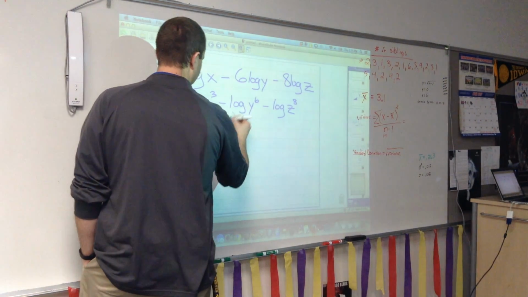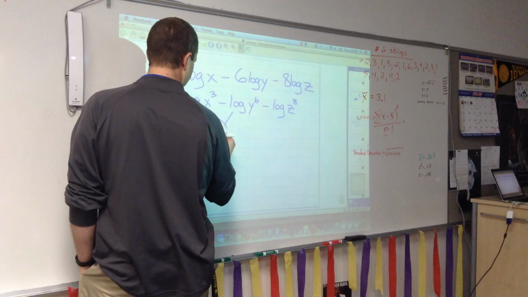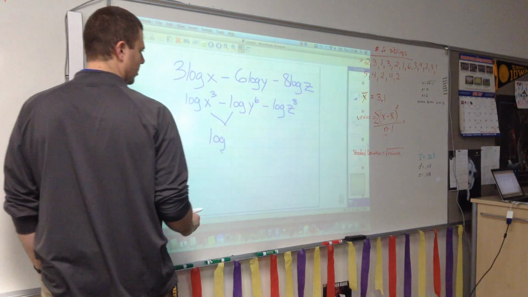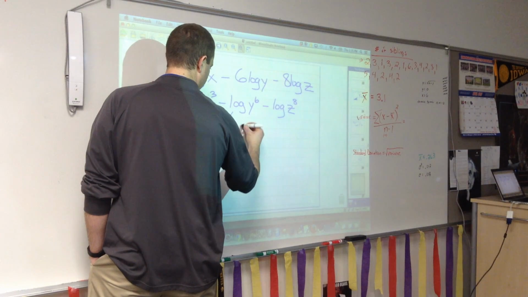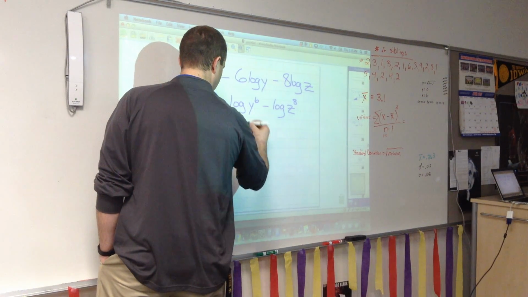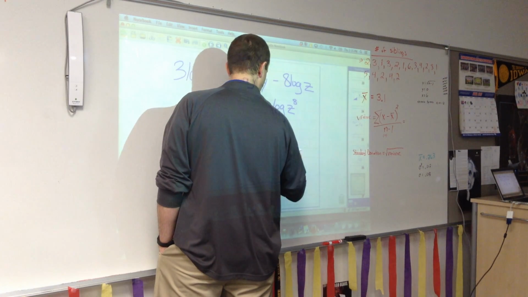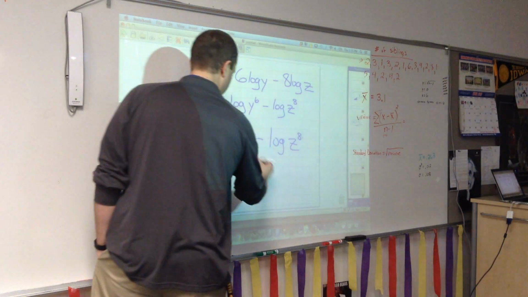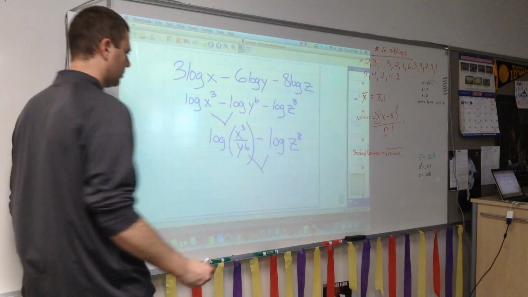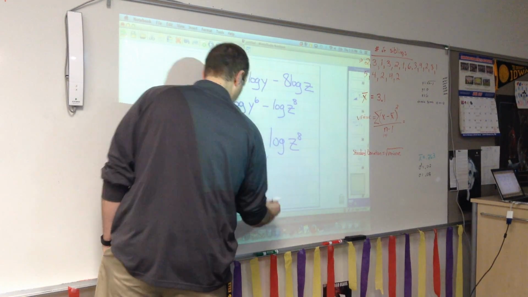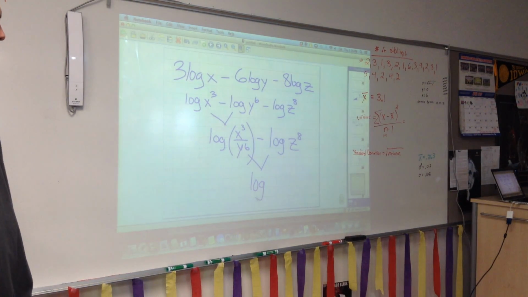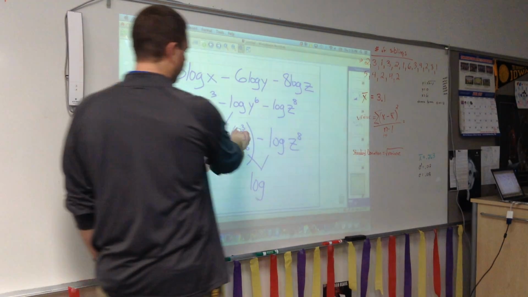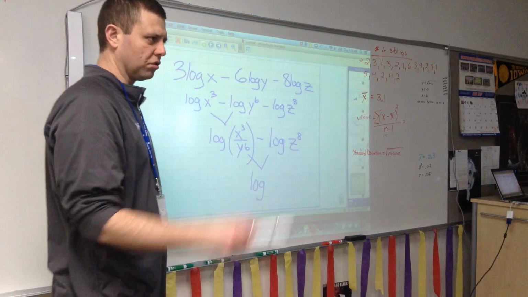Now we can start doing some condensing. What will this be? X to the third over y to the sixth. Good. And then if I condense those, it'll be the log of what? Just a fraction over a fraction. If you're trying to take this divided by z to the 8th, you can just put it in the denominator.